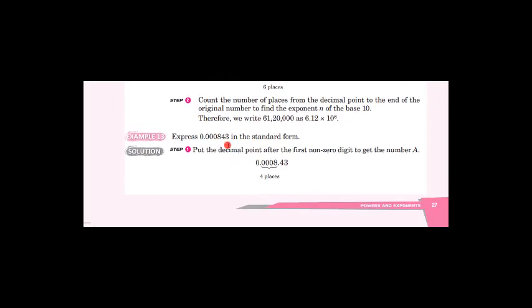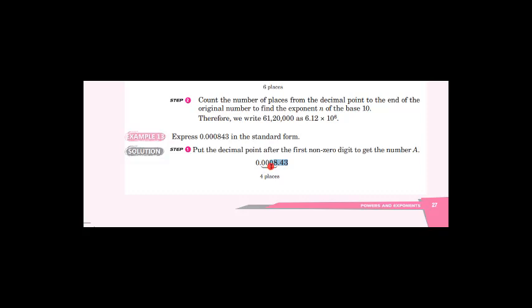Now come to this example where the number is too small. Again we have to convert it into the standard form. The decimal is existing here, so I will take the decimal between the first two non-zero digits to get a, which comes out to be 8.43. Now how many places of decimal have I moved?